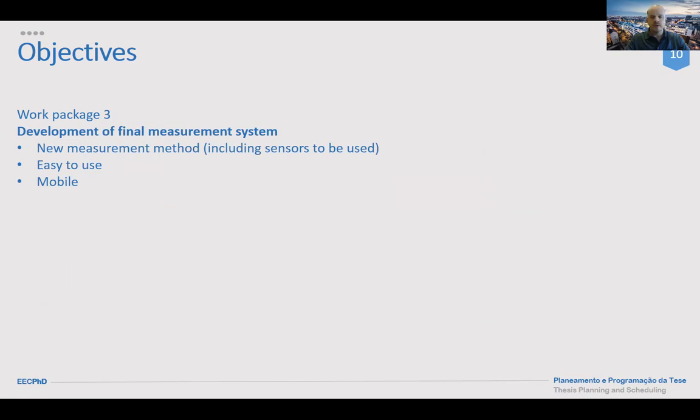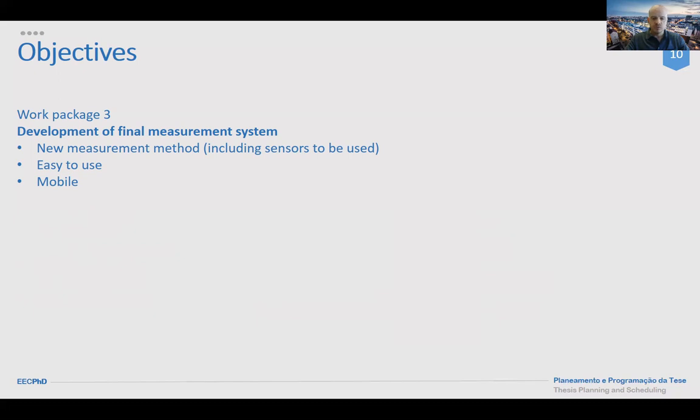The third work package is about the development of a final measurement system. So the results of work package 1 and 2 will give the input or the direction for the final measurement system. This includes a new measurement method, maybe also new sensors or a new application point.